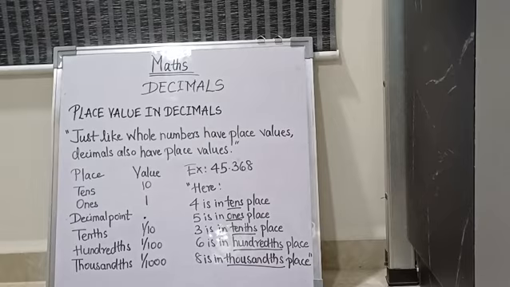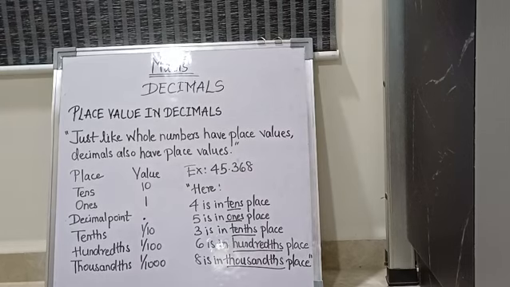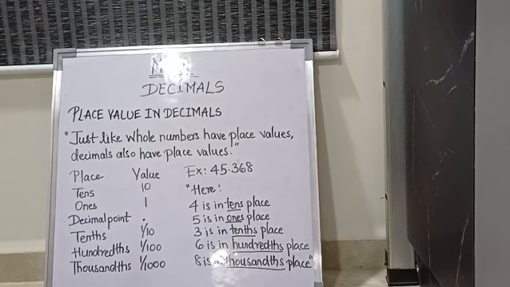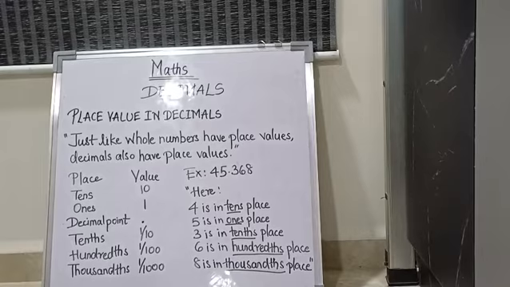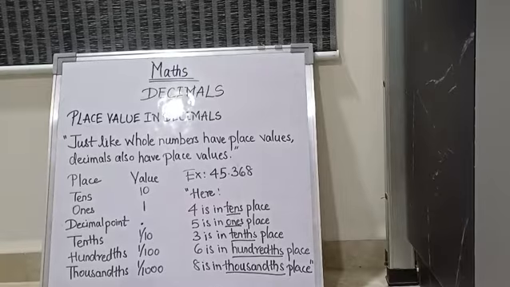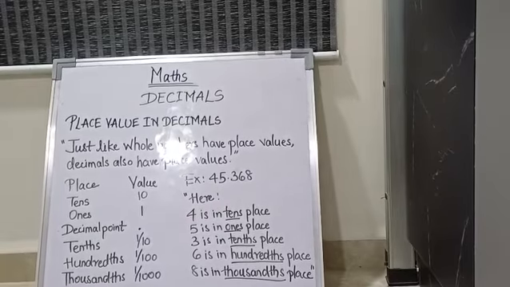So with the example, I have already told the whole number: 4 is in tens place, 5 is in ones place. Now 3 is in tenths place, 6 is in hundredths place, 8 is in thousandths place. Okay, so you got the understanding.